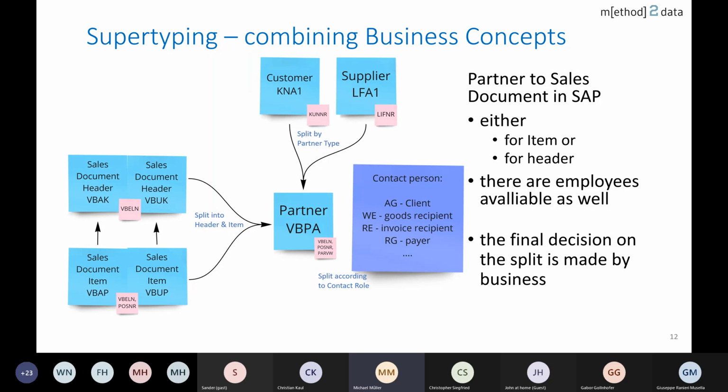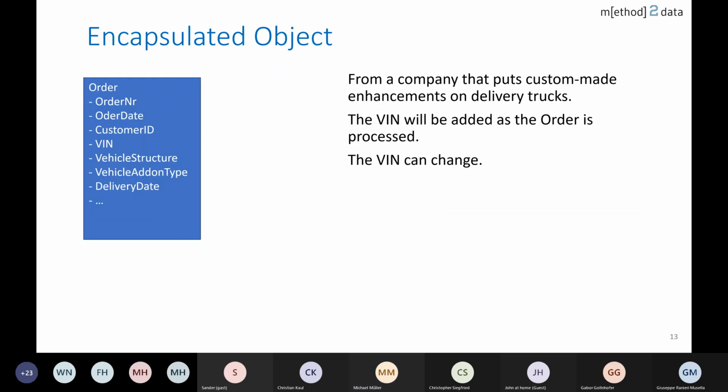The final decision is made by business, but these are viable options where you can change your data model without changing the content, because it just splits tables, or even the schema remains the same.